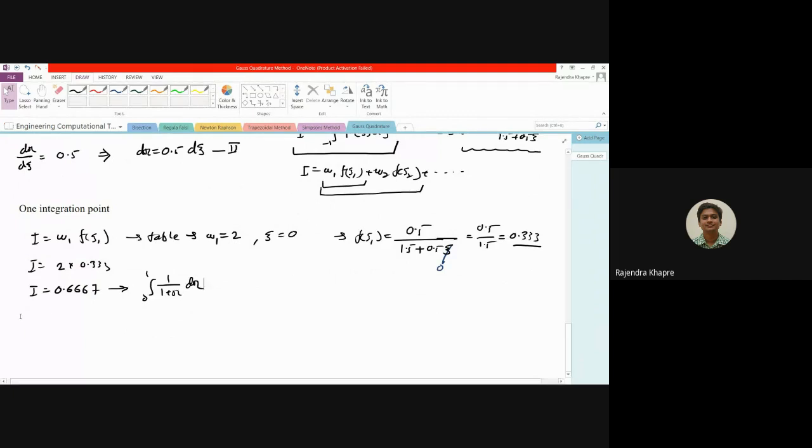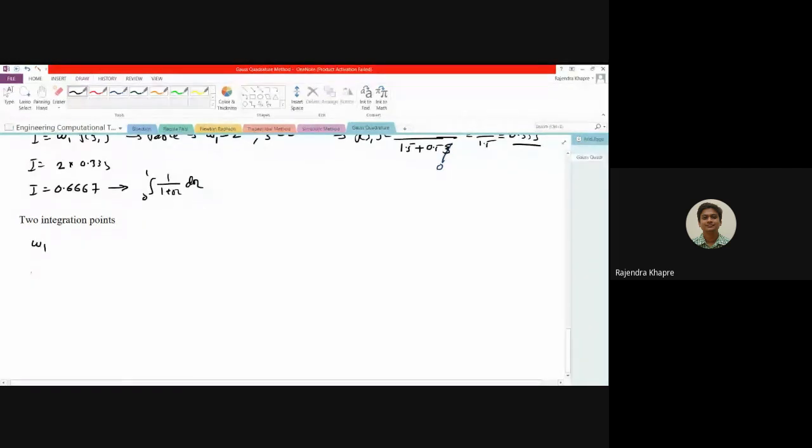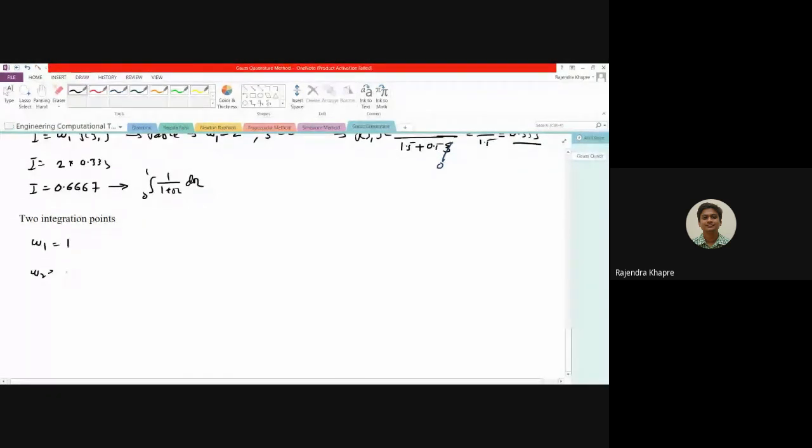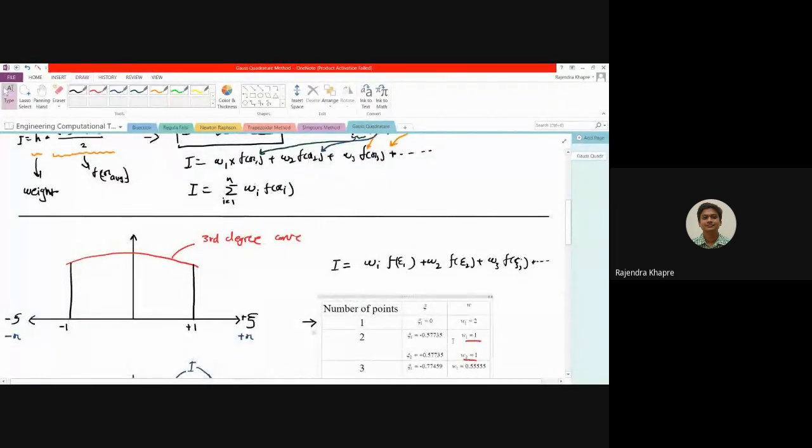Okay, so now let us try to use two integration points. If you use two integration points, you will need w1 and w2, and from the table you have to use these two values.